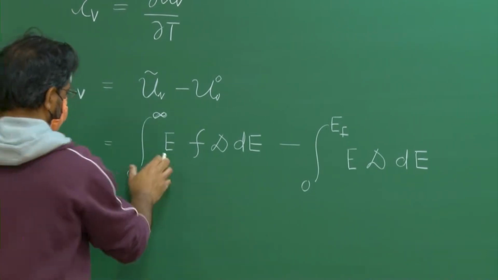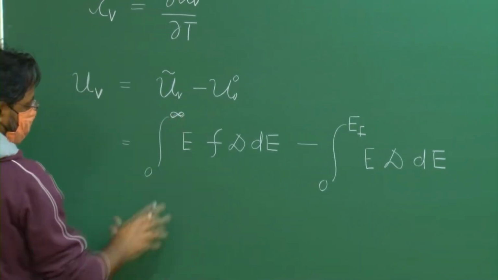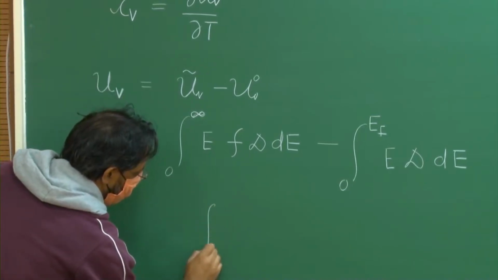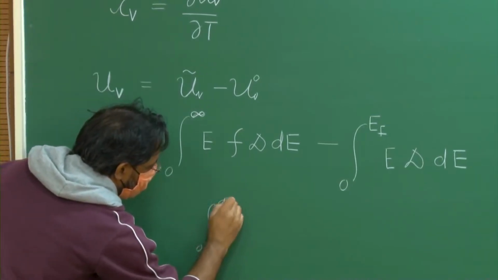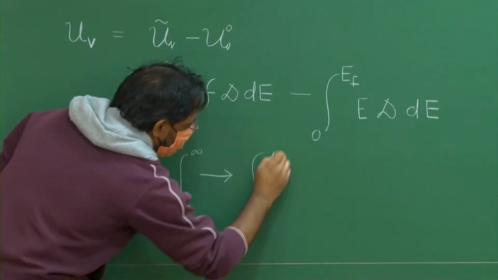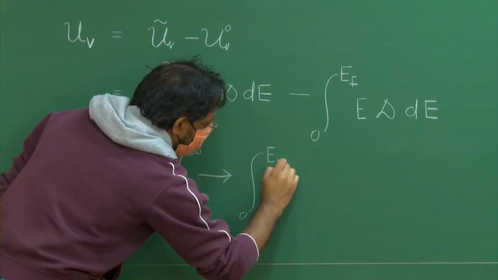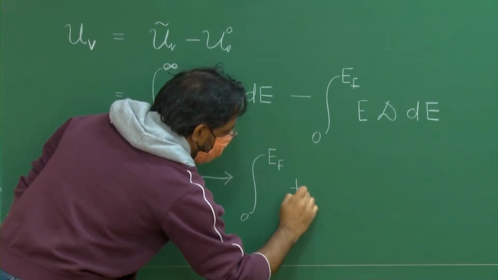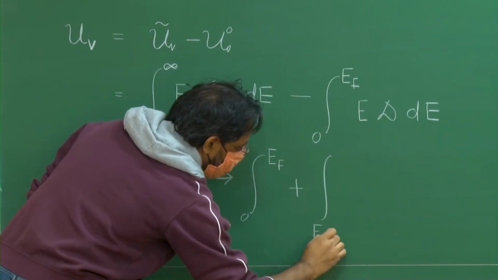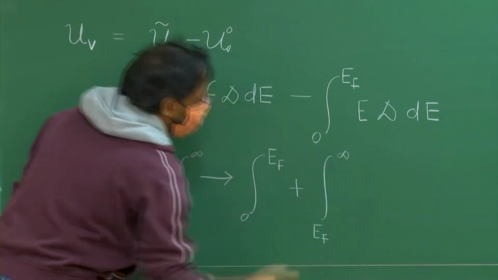Now, this integral, you can write 0 to infinity as 0 to EF plus EF to infinity. Right?